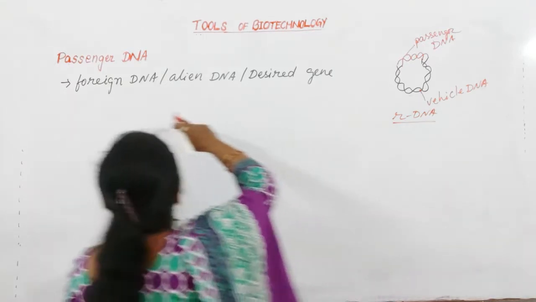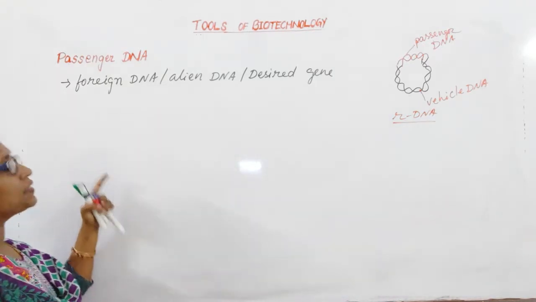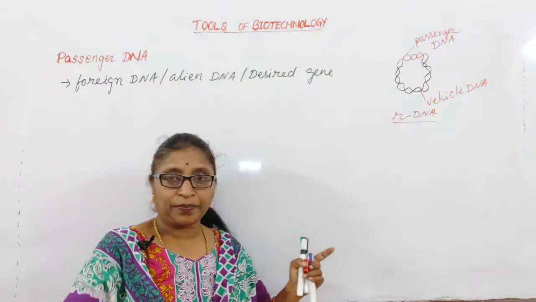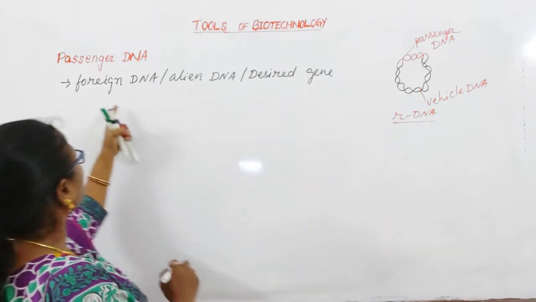But what are the different types of passenger DNA, how are they collected from an organism?